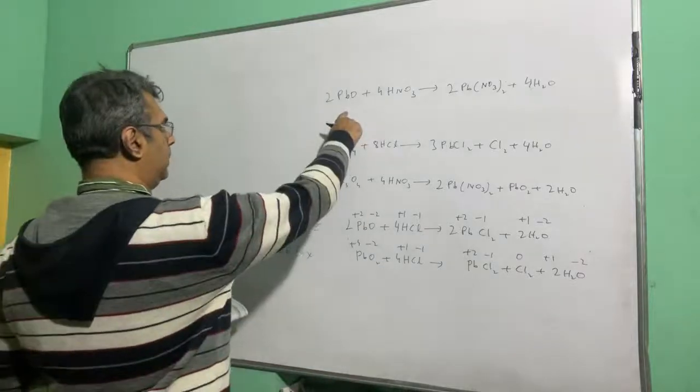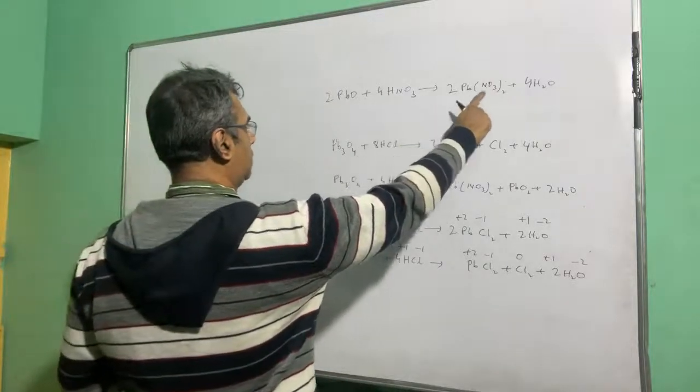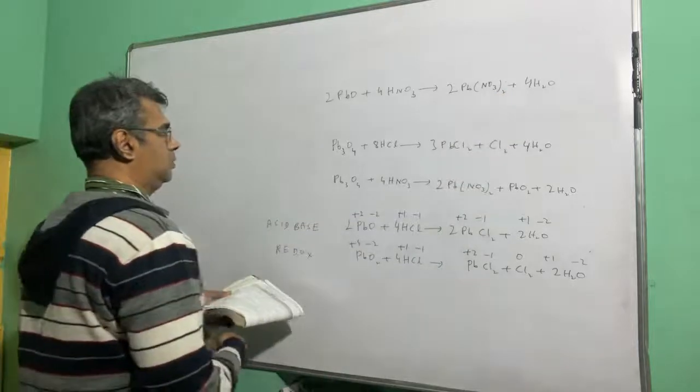Okay, so 2PbO plus 4HNO3 is 2Pb(NO3)2 plus 2H2O.